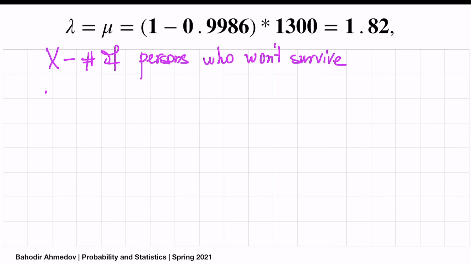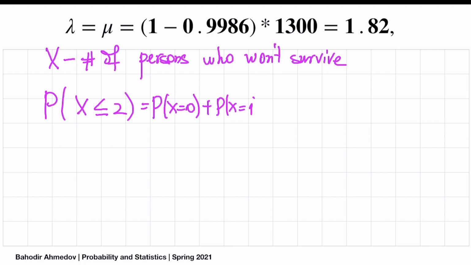The company will be in profit if X is less than or equal to 2. If X is equal to 0 or 1 or 2, the company is still in profit. What we need to do is evaluate the probability of X equal to 0, or X equal to 1, or X equal to 2.